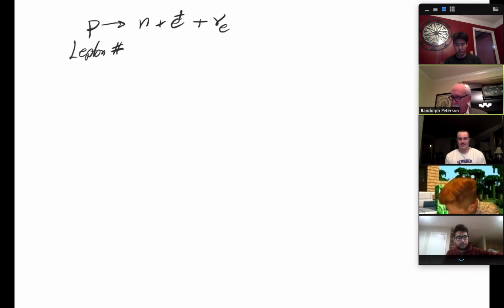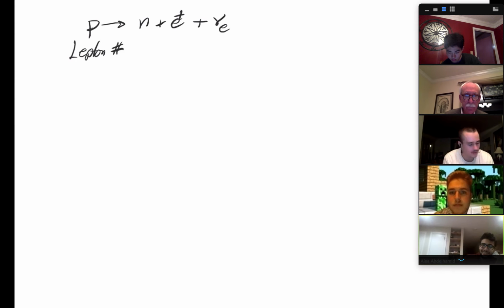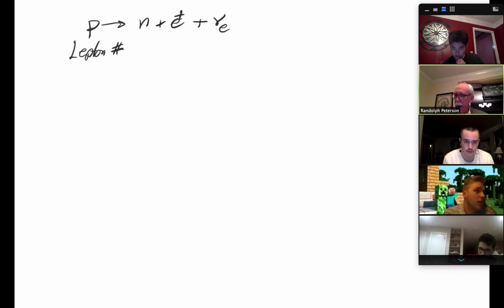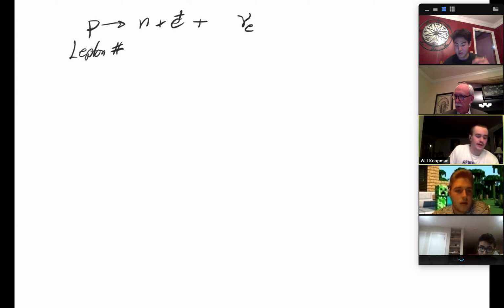Okay, lepton number. Is it conserved in this one? I gotta pull up this chart. So what is this last term? Is it like a photon? It's a neutrino. We have plus 1 on the electron neutrino?